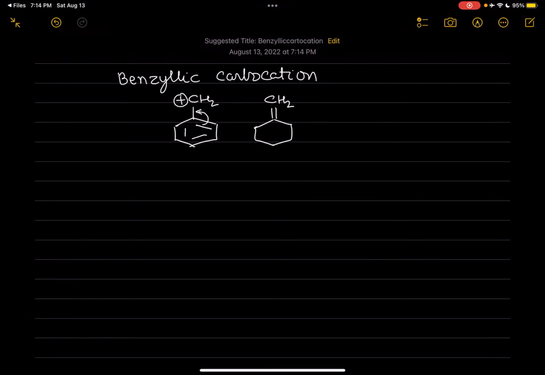But that doesn't mean you can put any electron anywhere. The pi bond was like this in the benzene ring, and it moved like this, shifted to the other side, and that will neutralize the plus charge on this carbon.